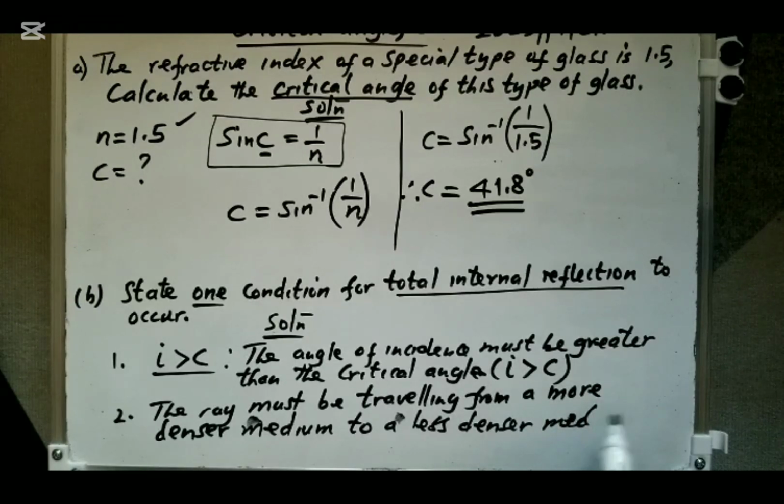So that's what you need to do. So from a more dense medium to a less dense medium, that's what we mean. So basically for total internal reflection to occur, these two conditions must be satisfied.